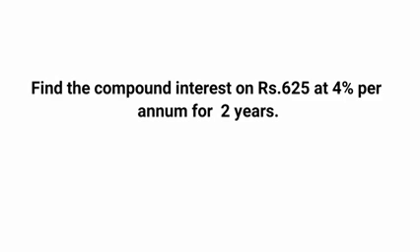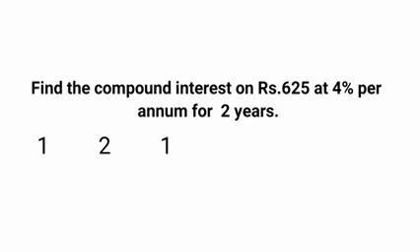I'll explain in detail while doing the problems. So, in our question, the principal amount is 625, the rate of interest is 4% and the number of years is 2. So from the Pascal's triangle, take the second row, that is 1, 2, 1.